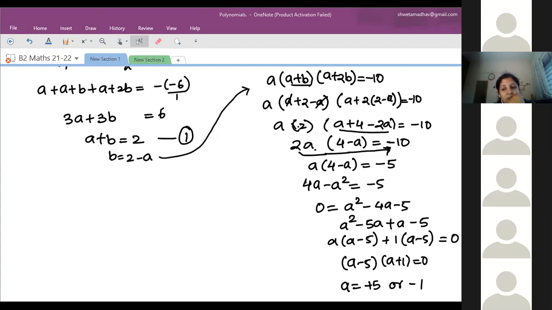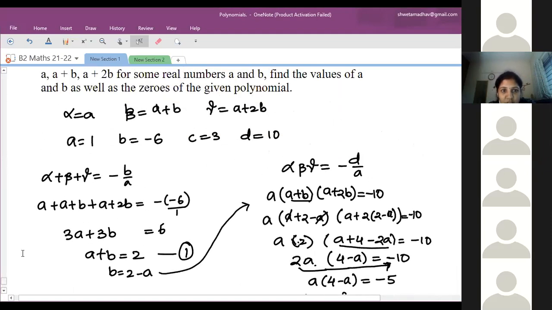So you will try the remaining questions. Try. If not, I'm there again. Ma'am, so to find the value of B and C, you have to put A's value. Here A is the zero value, alpha is equal to A, that A you have calculated.